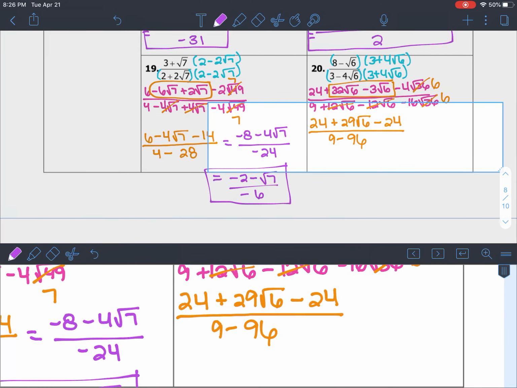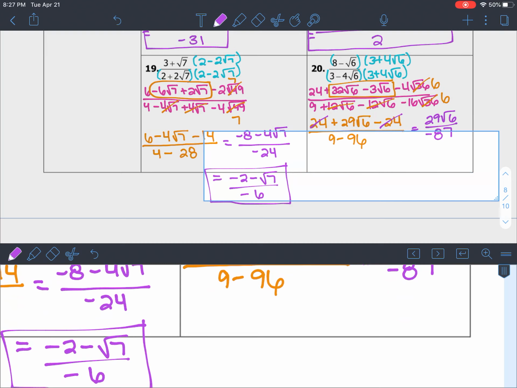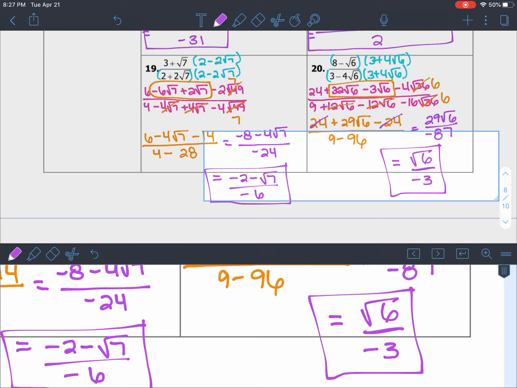So if we continue to simplify here, 24 minus 24 gives me 0. So I have 29 the square root of 6 on top, and I have negative 87 on the bottom. 29 goes into 87, surprisingly. And what I end up with is the square root of 6 over negative 3.